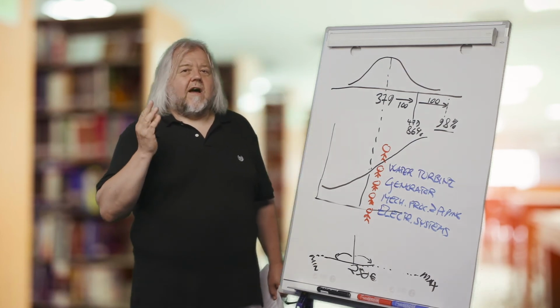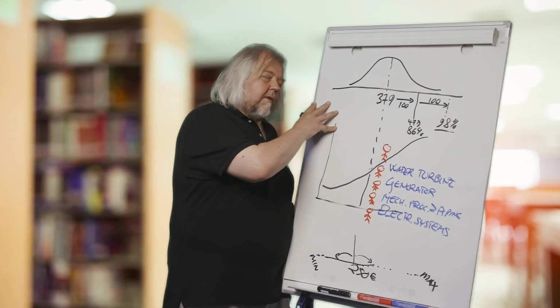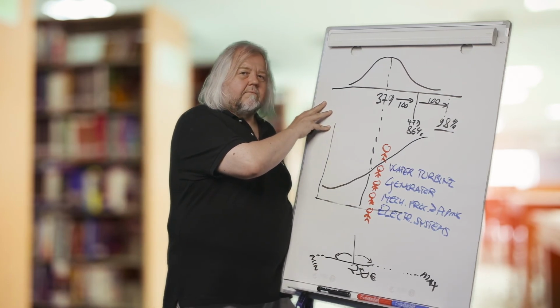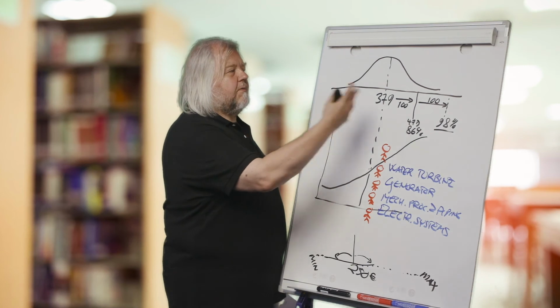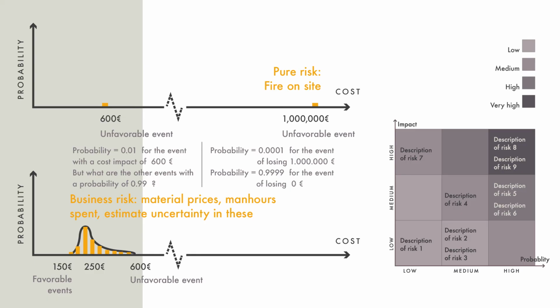But if we use this kind of an approach for estimating, for example, the building of this flipboard stand, which is actually a business risk issue, what the costs will be and why. If we, for example, express just the unfavorable figure of 600 euros about this flipboard stand building being a risk, then my question would be, if this has a probability of 0.01 of ending up with the cost of 600, what about the rest of the 0.99?